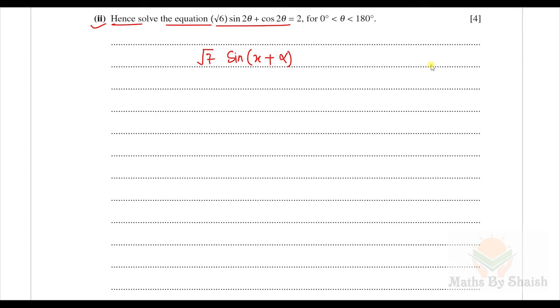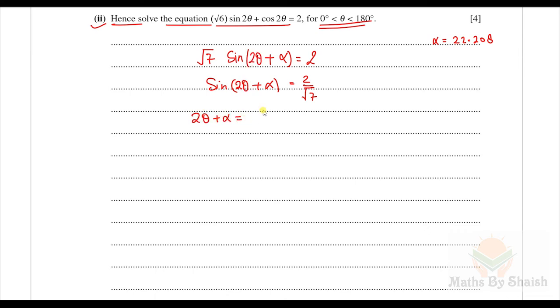Let us calculate everything with the help of alpha, and at the last we'll write alpha is equal to 22.208, so that we don't have to write the whole thing again and again, is equal to 2. So from here we got sin(x plus alpha) is equal to 2 over root 7.